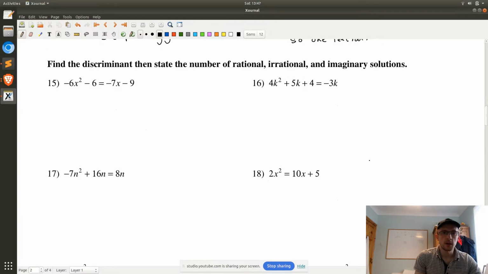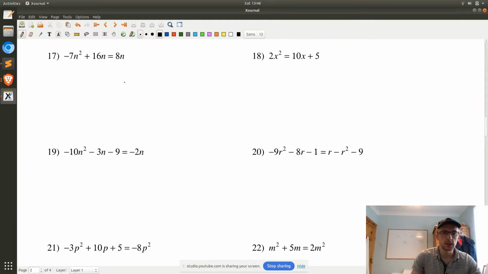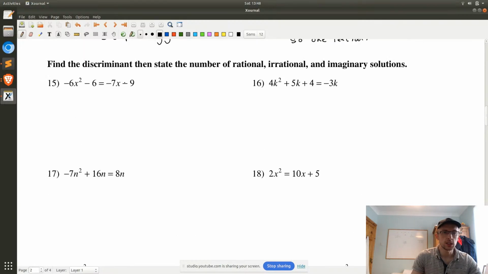Find the discriminant and then state the number of rational, irrational, and imaginary solutions. Okay, so the discriminant can also reveal the nature of the solutions.